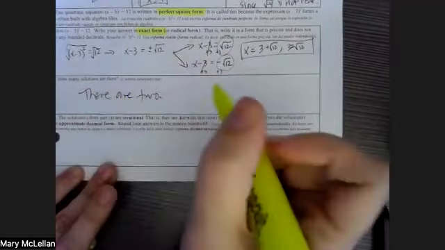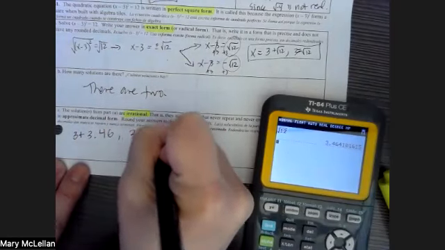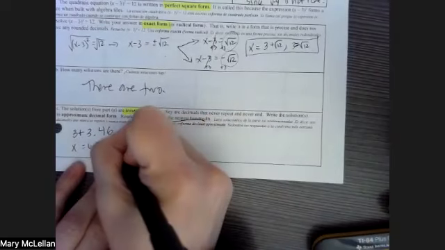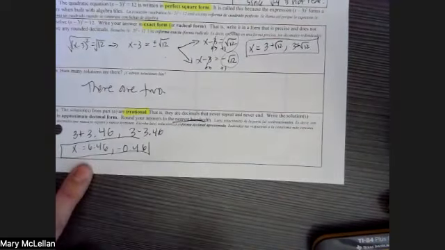So this becomes, getting our calculator back, 3 plus 3.46 or 3 minus 3.46, with a final answer of x equals 6.46 or negative 0.46. This is approximate decimal form.